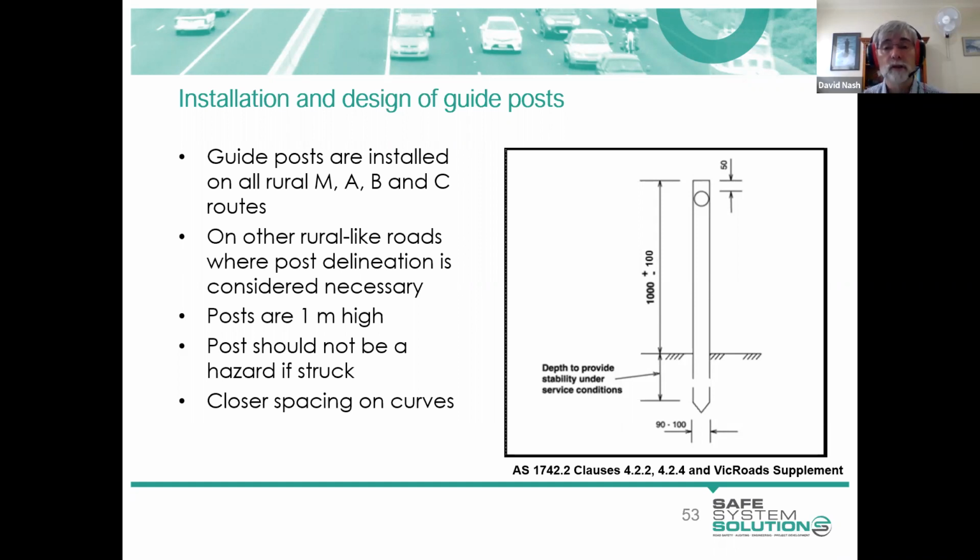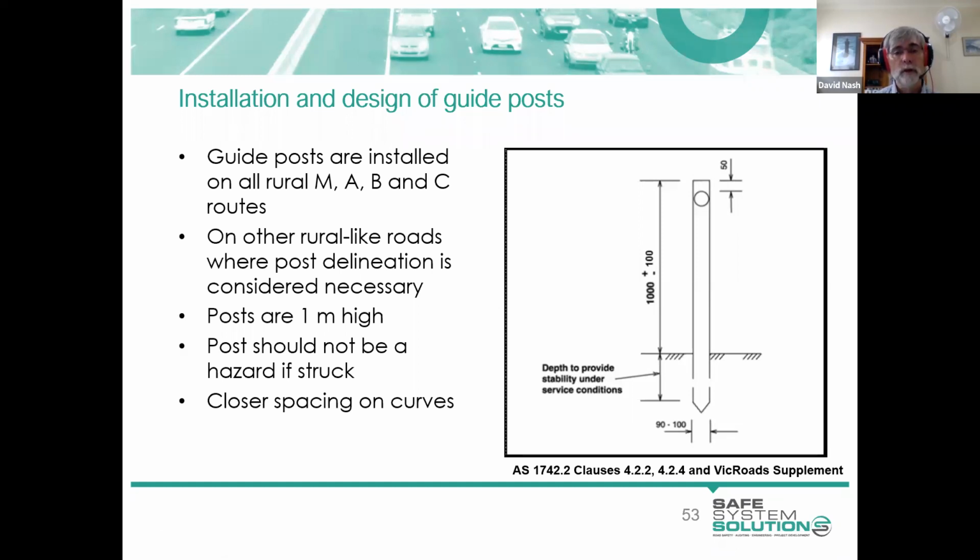So the actual construction of the posts needs to be carefully tested to make sure that they don't fly out of the ground if they're struck, and particularly if they have a pointed end, which helps you put them into the ground, you don't want them to turn into spears.